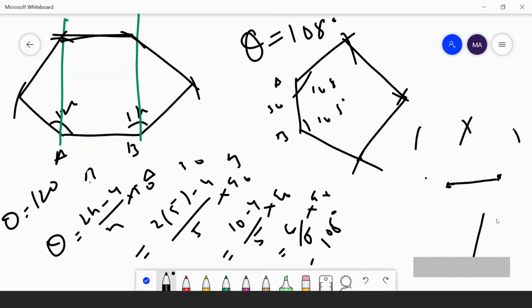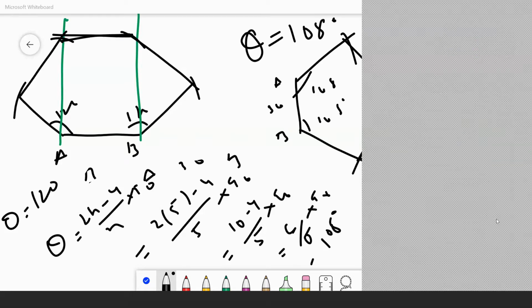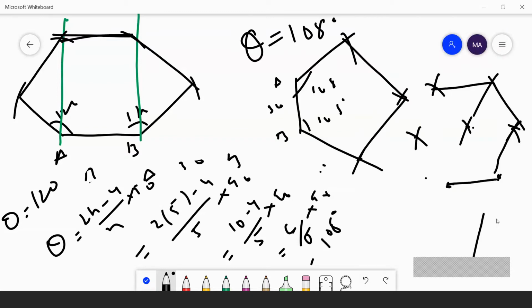From each of these points I am cutting 30 again. Joining all these points, it will form a hexagon. Understand? In this way you have to draw the hexagon. Is it clear?